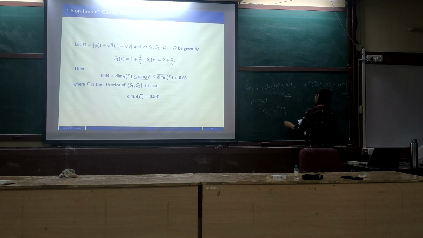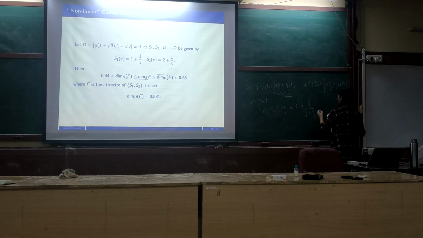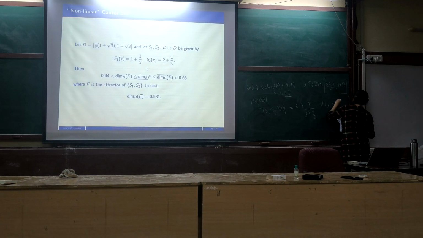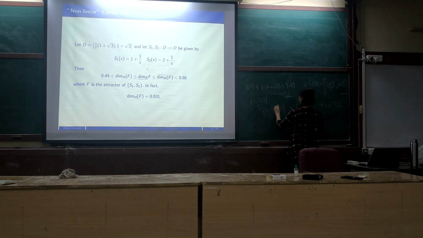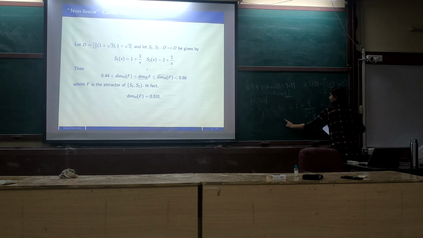The value of this is equal to i plus 1 by j plus 1 by z, when i and j are equal to 1 and 2. So si of sj of z is equal to this.